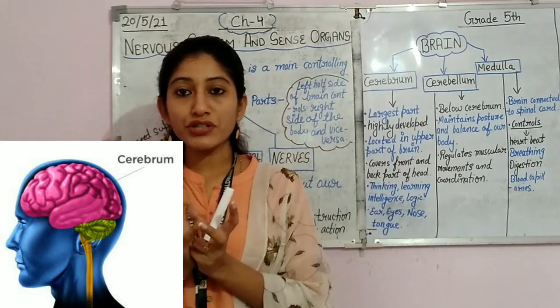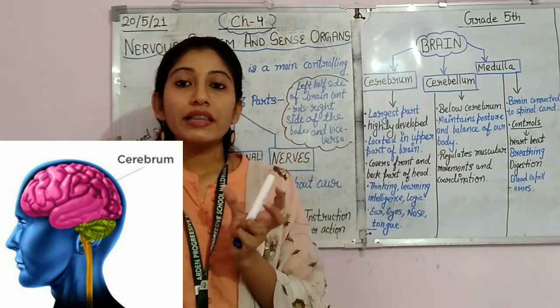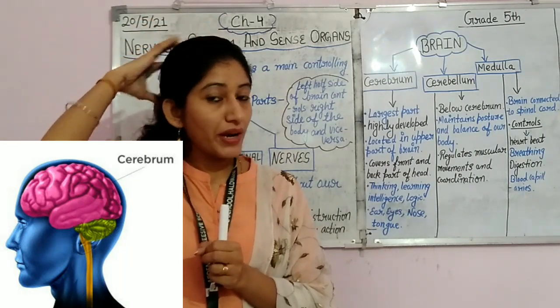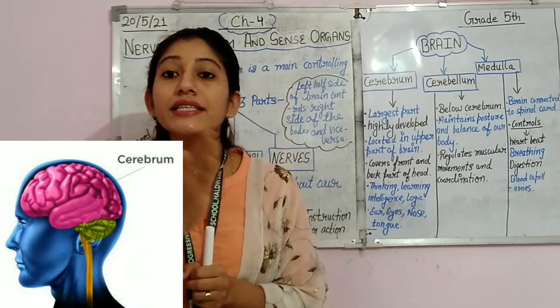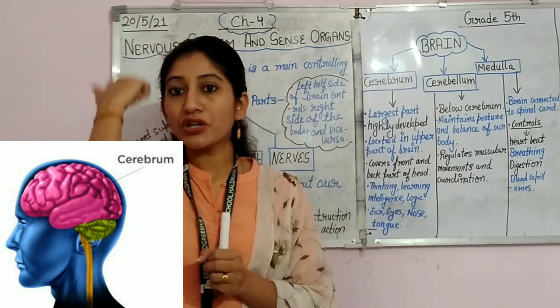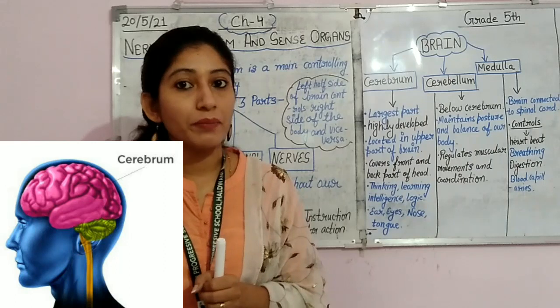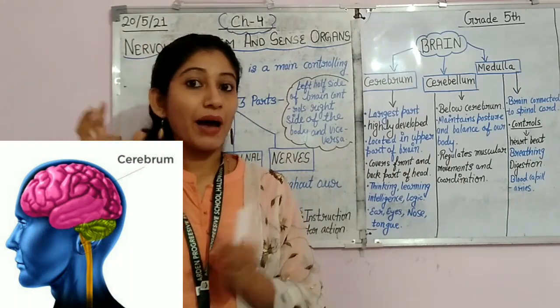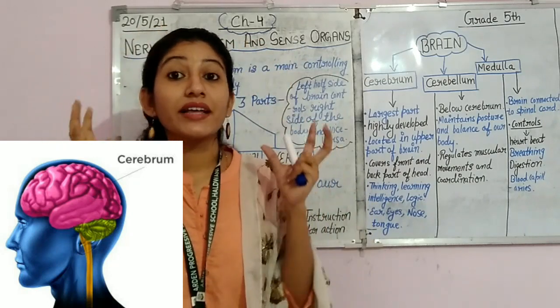Brain has different portions. In that, the upper part of the brain is covered by the cerebrum. I am not saying about the skull, I am saying the brain.